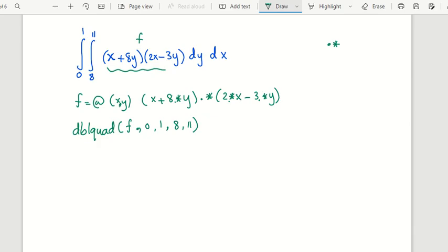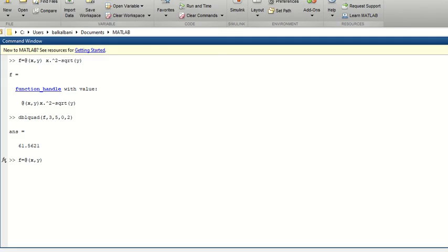The first bracket we have x plus 8y, so bracket x plus 8 dot multiplied by y, okay, dot multiply by, for the second bracket, 2x minus 3y. Enter.